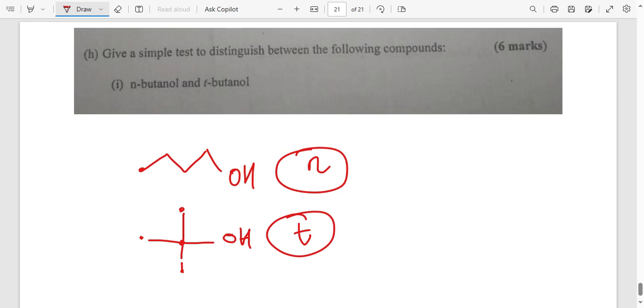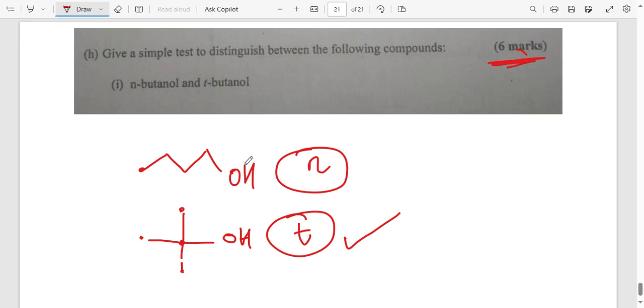Anyone? So T cannot undergo oxidation. So it's good you also name the reagents. Remember, this is 6 marks.